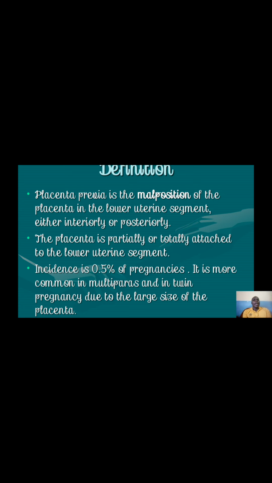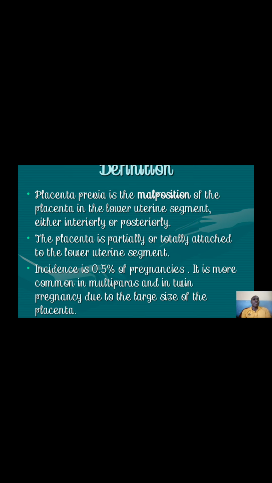Normal implantation of the placenta huwa inajiimplant sehemu ya juu, posterior part of the uterus, but here the placenta is malpositioned in the lower segment of the uterus. So abnormal implantation of the placenta in the lower uterine segment is called a placenta previa or malposition.